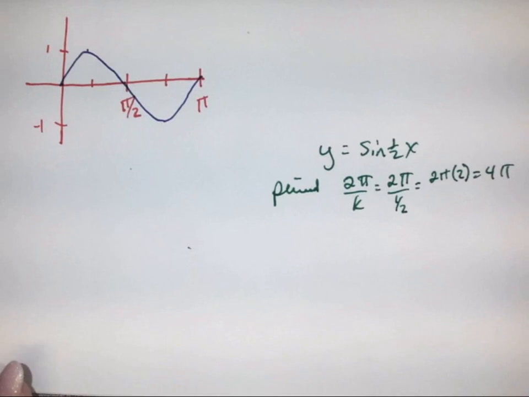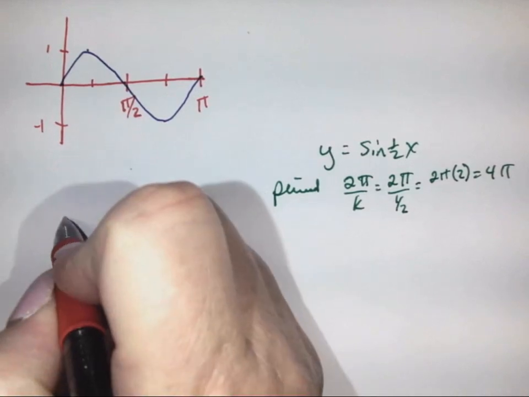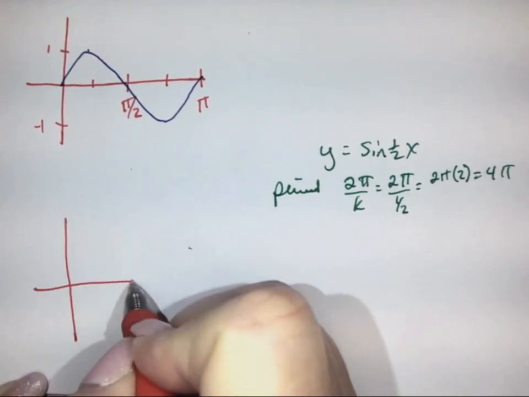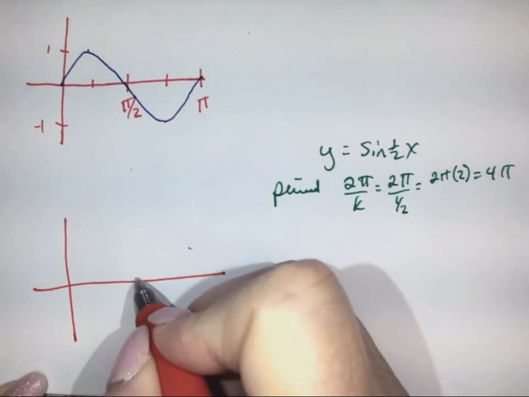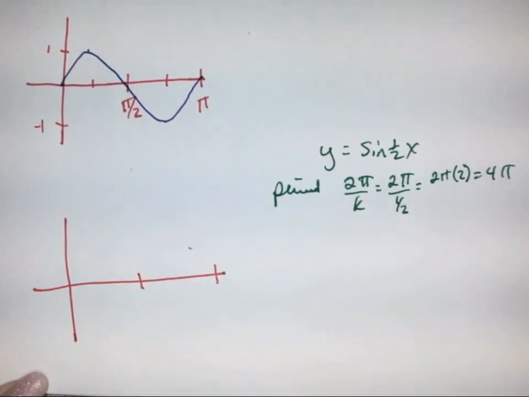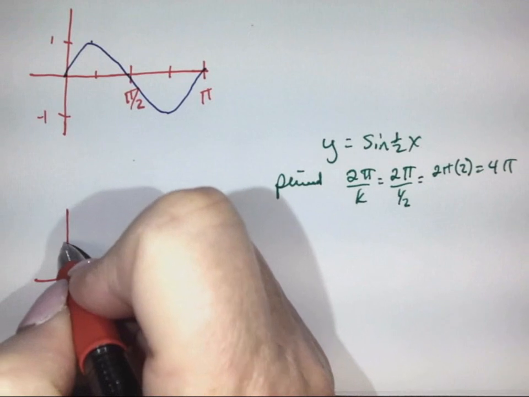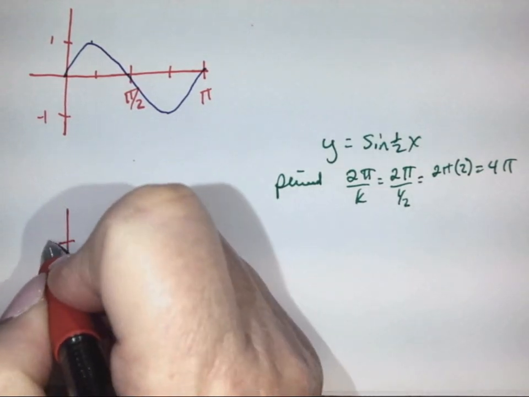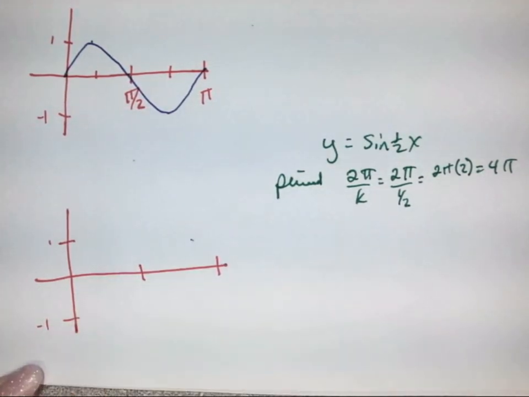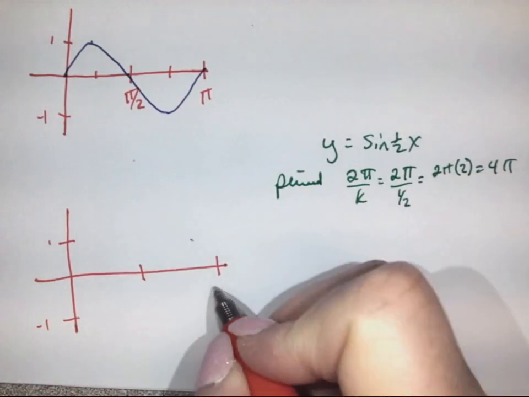Alrighty, so let's draw our graph again. And we're still going to do 2 marks on our graph. We'll still have our 1. We'll still have our negative 1. But now it's at 4 pi over here.